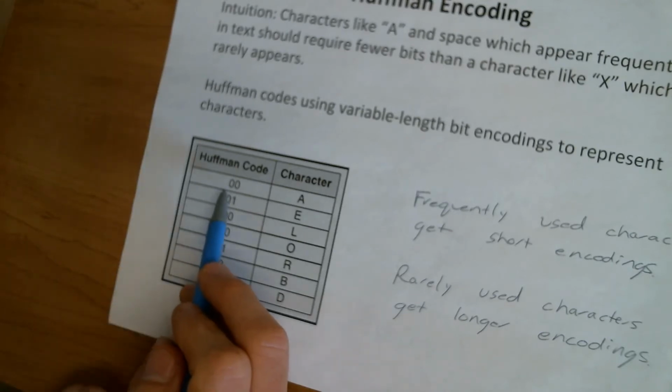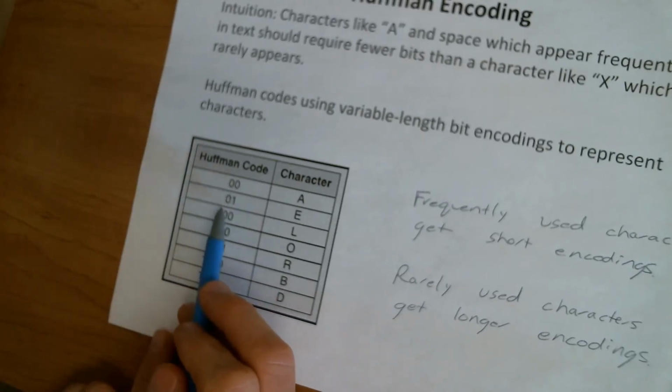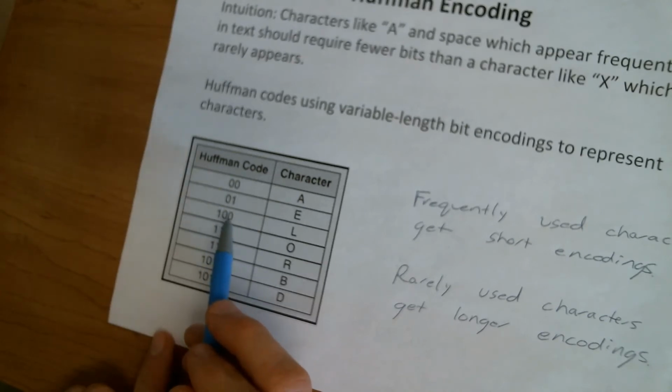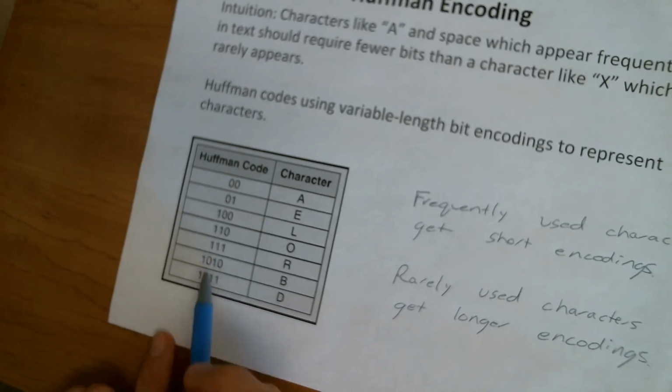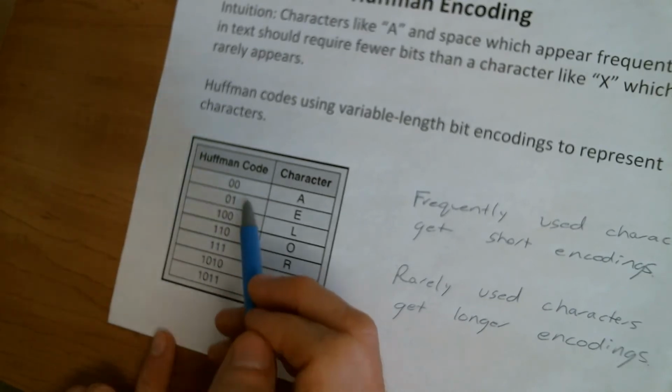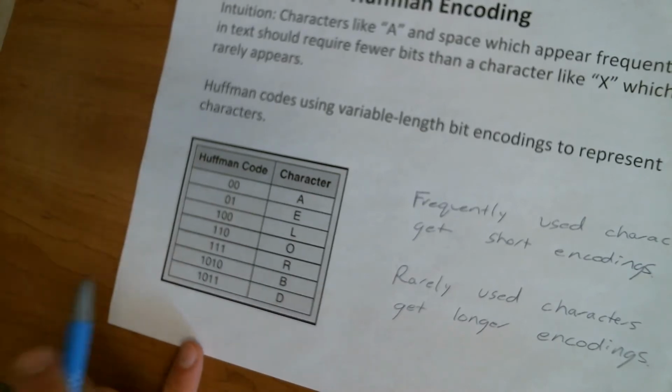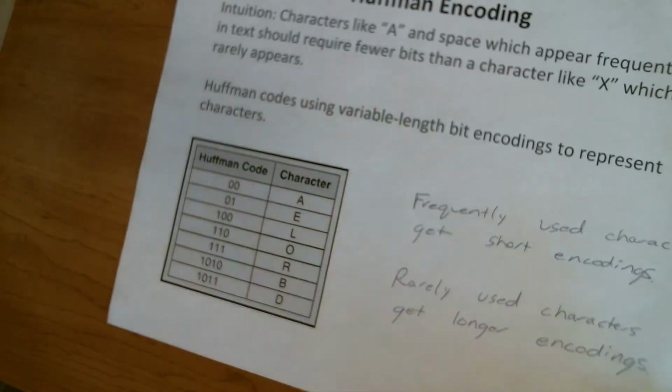So no other letter starts with 00. No other letter starts with 01, so that you're always confident that you're using the right letter. These are generated in a very specific way using something called the binary tree to make sure that you don't ever accidentally create a sequence that could be mistaken for a different letter.